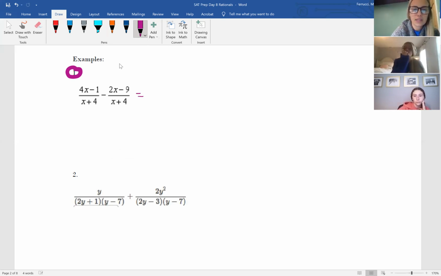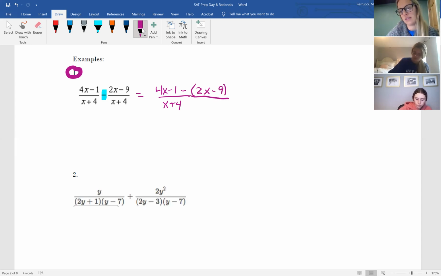So all you do is keep the denominator and combine the numerators. Now, notice when there's a subtraction sign, you want to put that next expression in parentheses, because you are subtracting the entire expression.